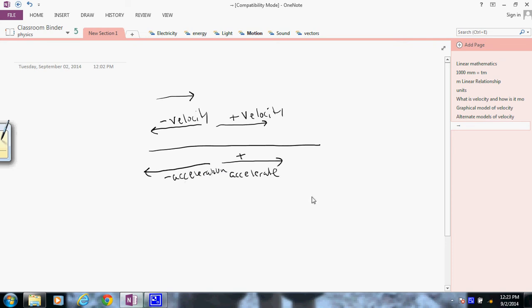Just a quick little example, if I were to roll down a hill in this direction, I would have a positive velocity in this direction. In fact, let's redraw this a little bit to give you a better example. You start at the top of the hill. You're not moving very fast. I'm just going to draw this hill out here.